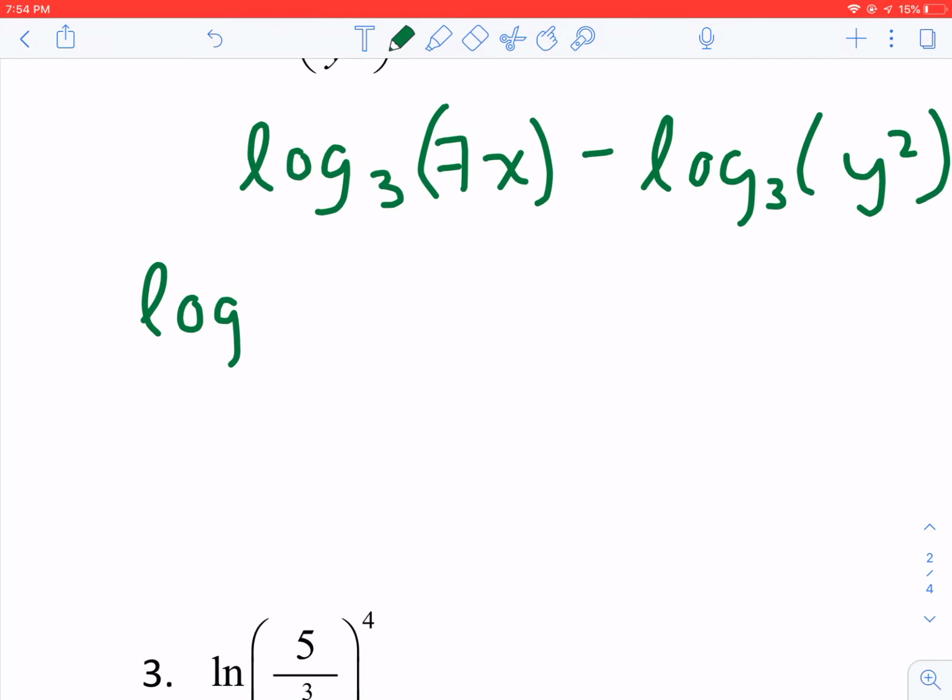So that's log base 3 of 7 plus log base 3 of x. And then minus, well, I can move that exponent to the front, minus 2 log base 3 of y. And that's fully expanded.